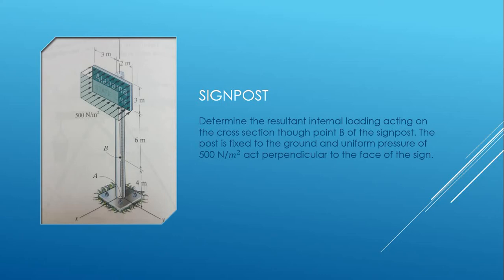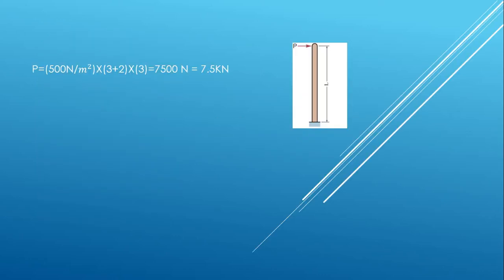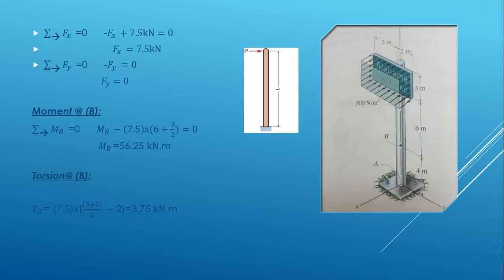We multiply by the pressure and get the concentrated load, 7,500 Newton. This is the concentrated load for the signpost. We can convert it to kilonewton: it equals 7.5 kilonewton.